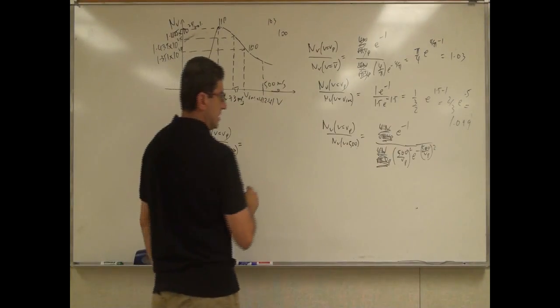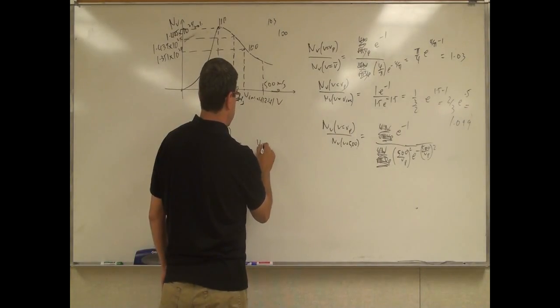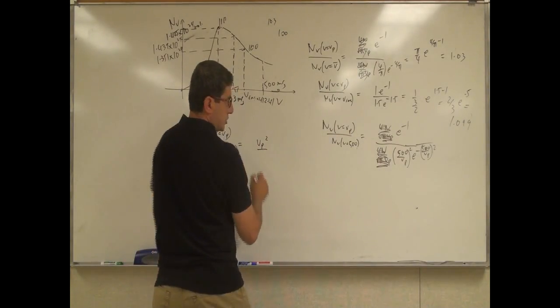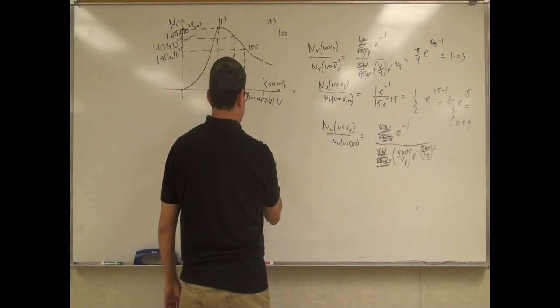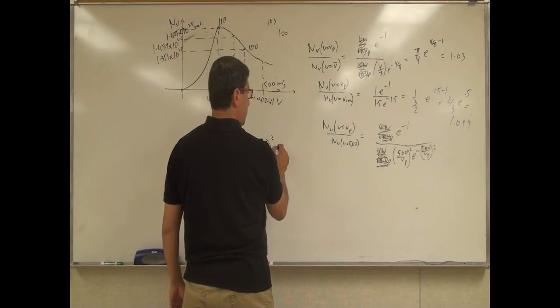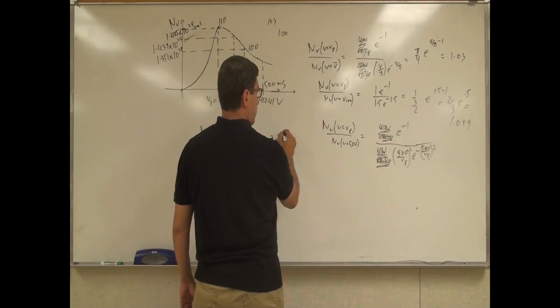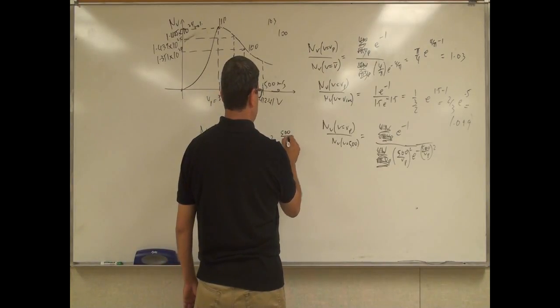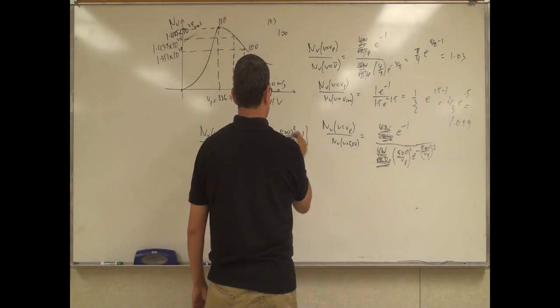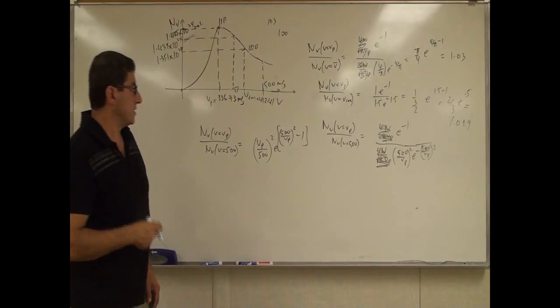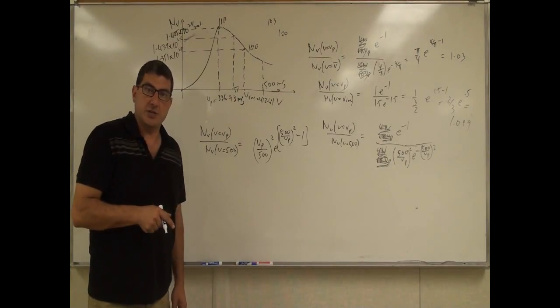So we could just do a ratio, invert this. So then you have Vp over 500 squared, e to the (500 over Vp) squared minus 1. So the answer depends on what the Vp is.